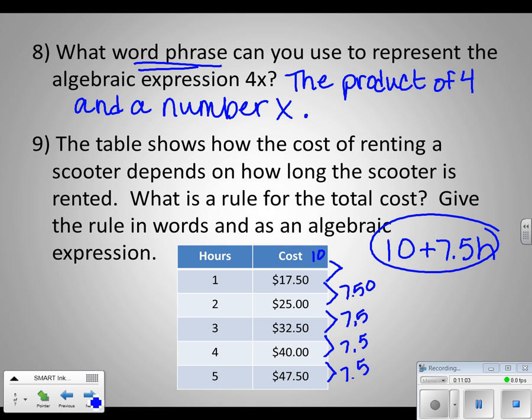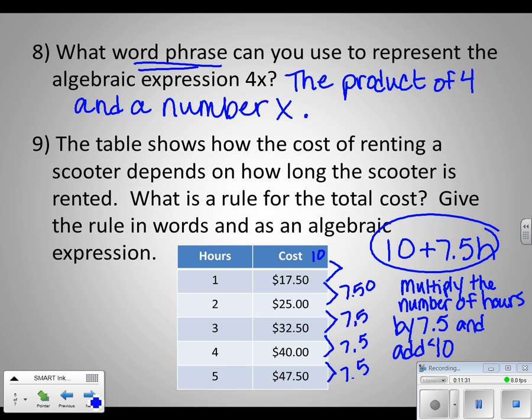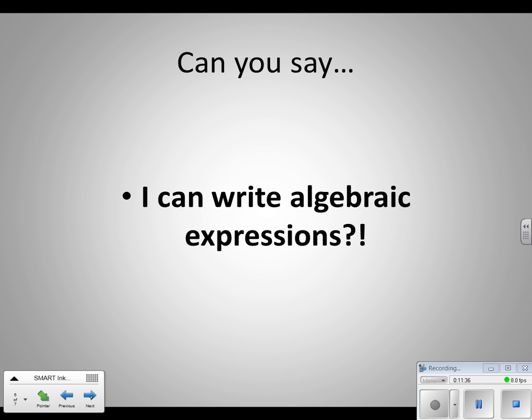And then in words, I would say multiply the number of hours by 7.50 and add $10. And that would be in words. Can you say I can write algebraic expressions?